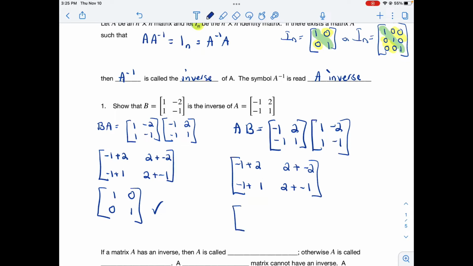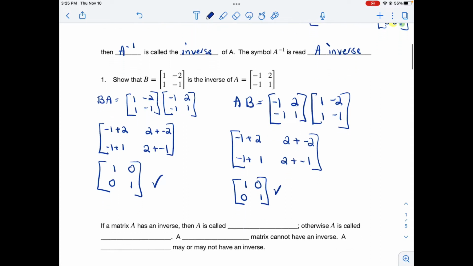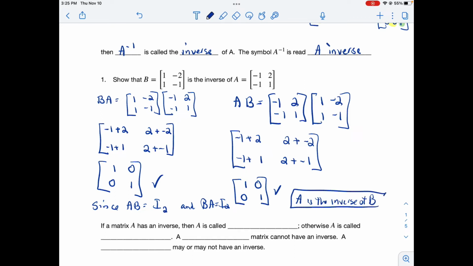Simplifying those down, you get 1, 0, 0, 1. So that is also the identity matrix. So I have proven that matrix B is the inverse of matrix A, or matrix A is the inverse of matrix B. And notice the notation. Since A times B equals the 2x2 identity matrix, that's I sub 2, and B times A equals the 2x2 identity matrix, we know A is the inverse of B.